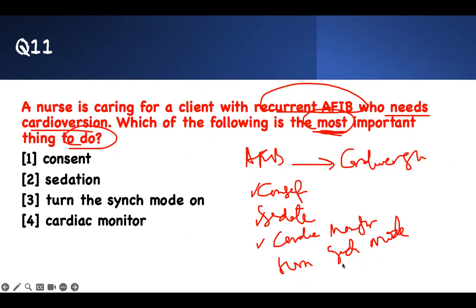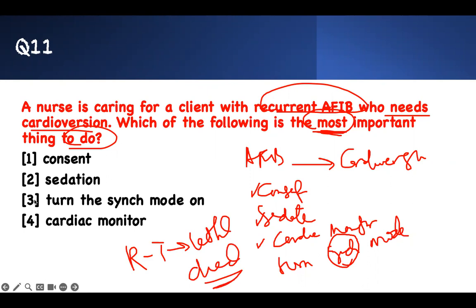If I did not put the sync mode on and I shock you, it will be R on T. This is a lethal rhythm, and you can die. So which one is most important? I will put on the sync mode. The sync mode is the most important.